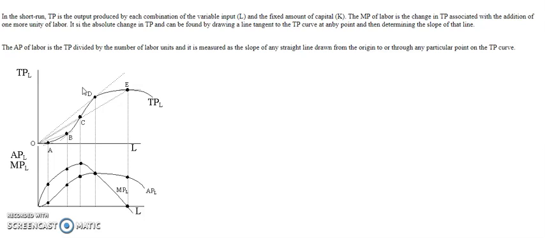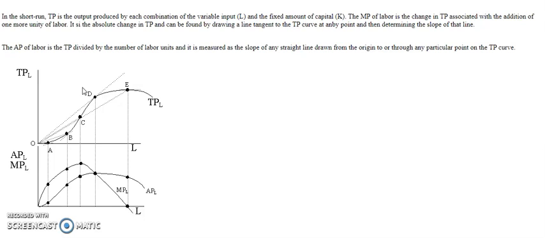Marginal product is the ratio of the change in total product to the change in the unit of labor. It is the absolute change in total product and can be found by drawing a line tangent to the TP curve at any point and then determining the slope of that line. It is shown in the diagram.